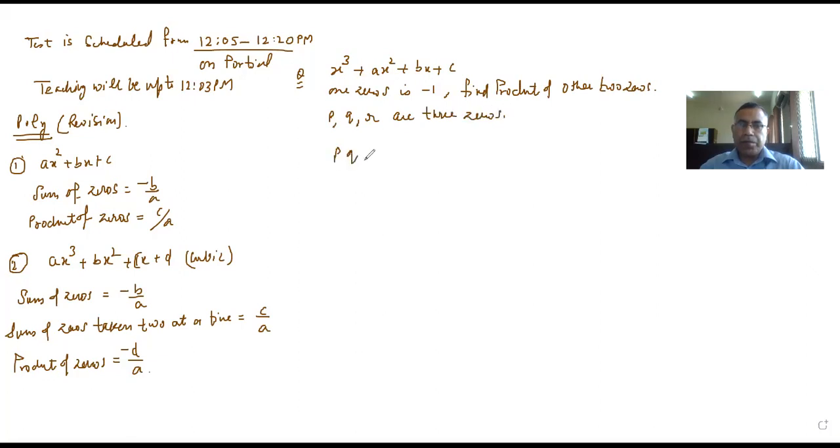And we know that the product of three zeros is equal to minus d upon a. So here, the value of d is c and a is 1. So p is minus 1, so minus 1 times qr is equal to minus c upon 1. Minus goes with this, qr is equal to c. So the product of the other two zeros is this.